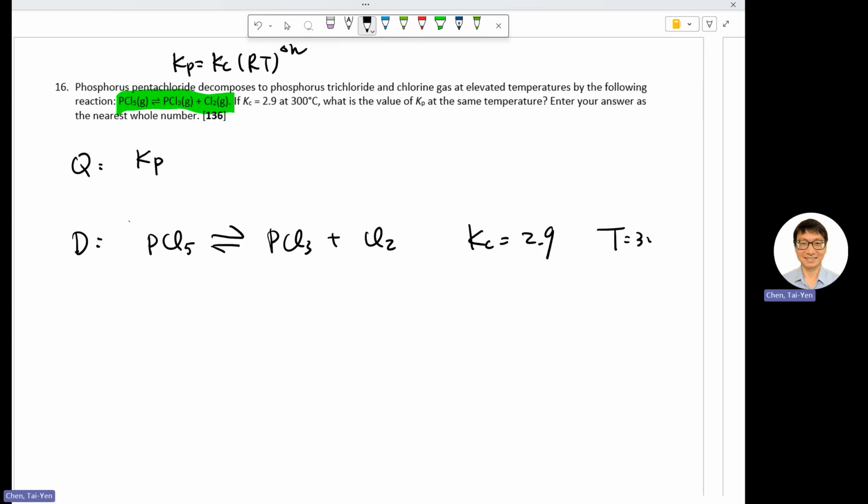Temperature 300 degrees C. All right, so that is the information that you have. But in order to do this, you need a few pieces of information, right? The Kp apparently is your target. Kc is actually known, 2.9. What's R going to be?